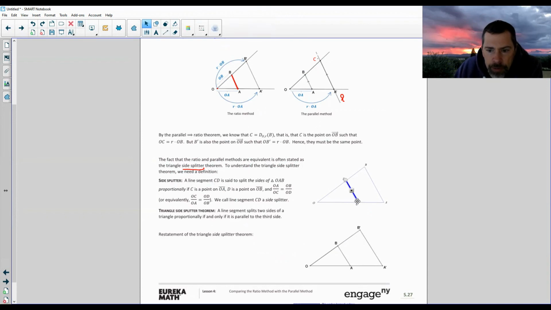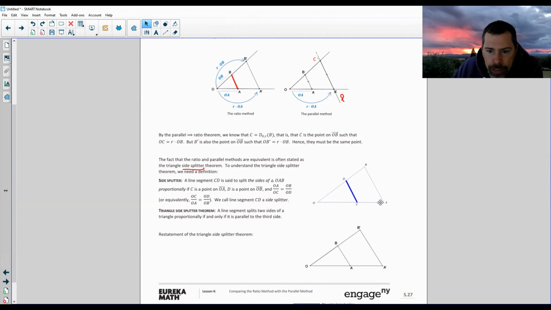That's line segment CD. Okay. Line segment CD is said to split the sides of OAB. So it's going to split the sides of this big triangle proportionally if C is a point on OA and D is a point on OB.